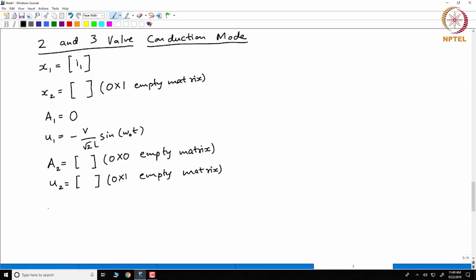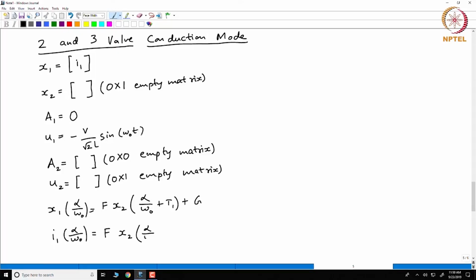I have the relation x1 at alpha by omega O is equal to F into x2 at alpha by omega O plus T1 plus G. Now x1 is nothing but I1, which is equal to F into x2 at alpha by omega O plus T1 plus G. What is x2? x2 is empty.